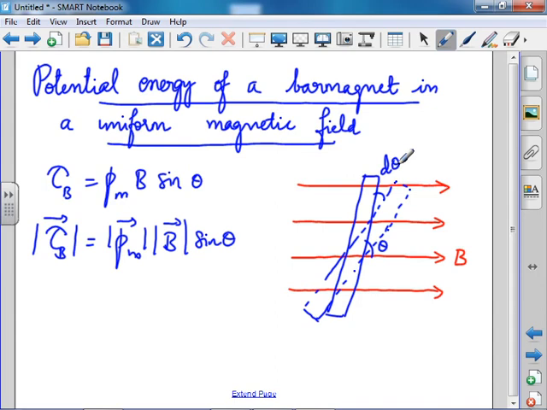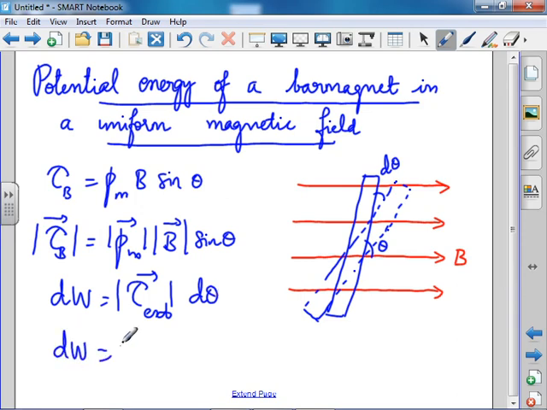The work done by the external torque for this small angular displacement is given by dW is equal to tau external into d theta. Can you find out which formula this is based on? It is dW is equal to F dot dr, as we write for linear displacement.